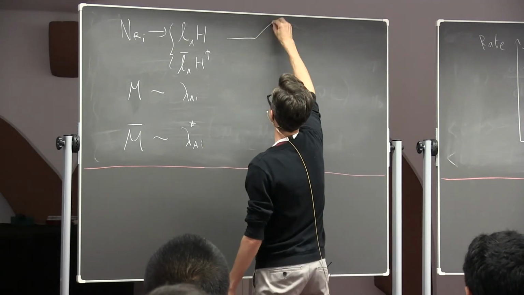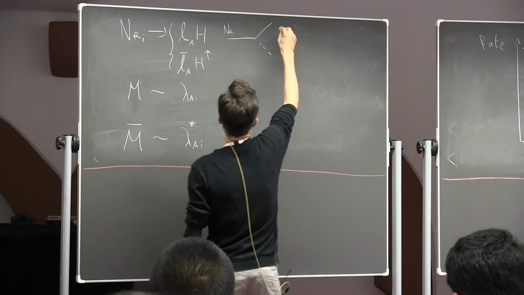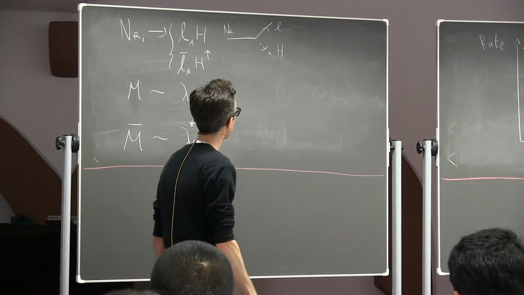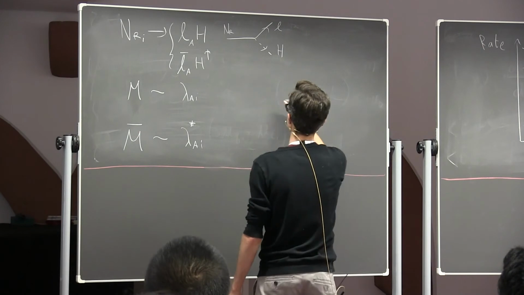So the tree level diagram is just this. Here's NR, L, H. But beyond tree level, I've got extra contributions. And the extra contributions have the following form.